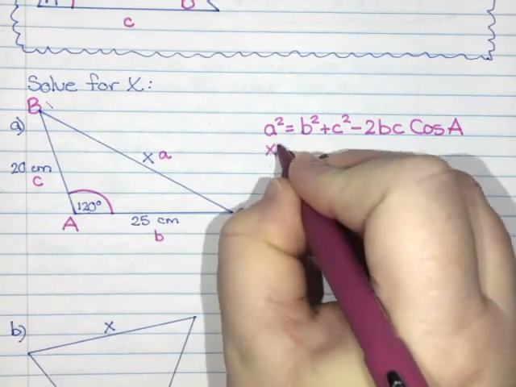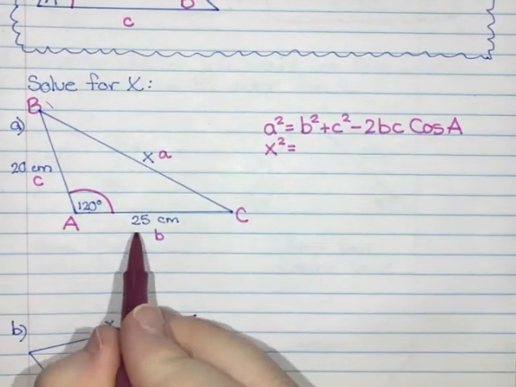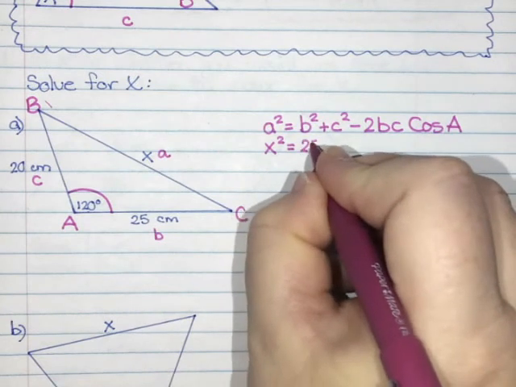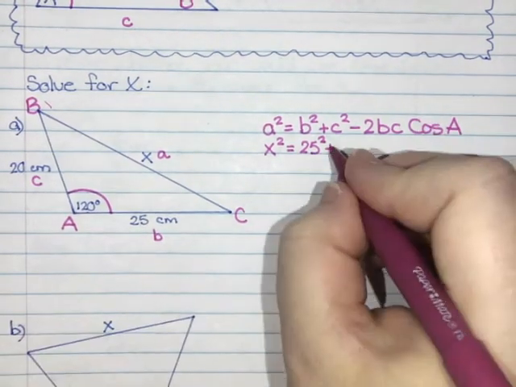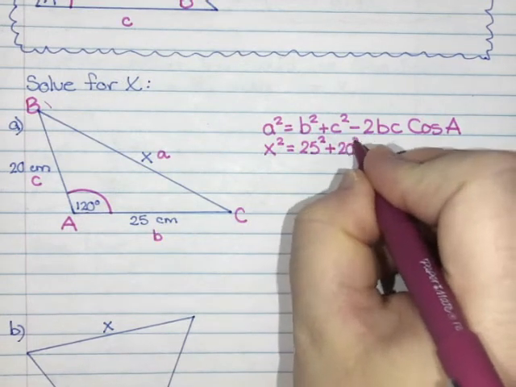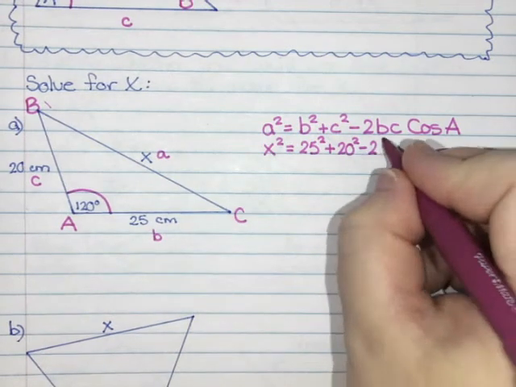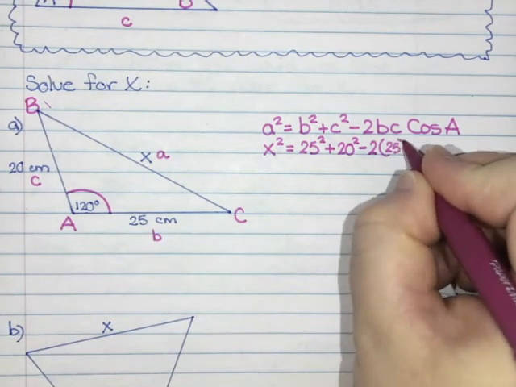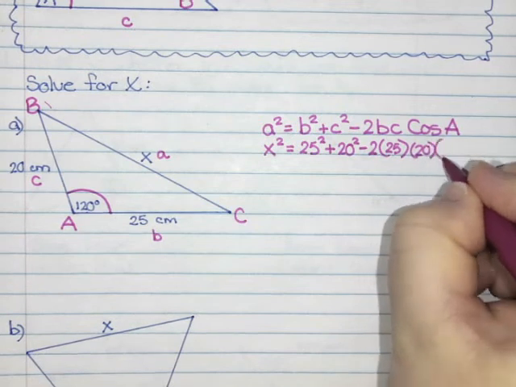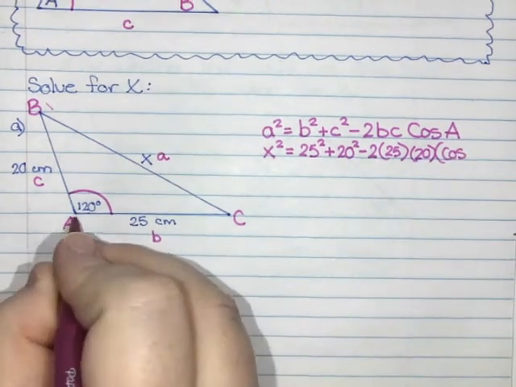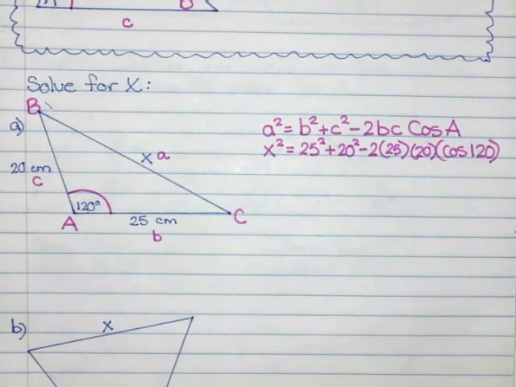So x squared equals B squared. So B is 25. So 25 squared plus C, that's 20 squared, minus 2 times B, so times 25 again, times c, which is 20, and then times cosine of big angle A, which is 120 degrees.